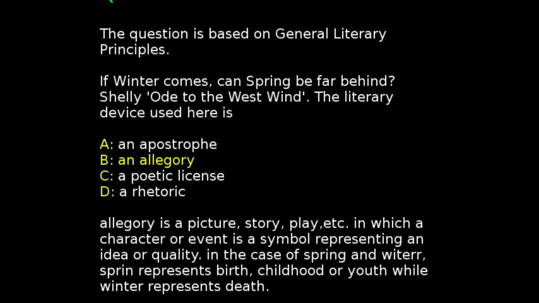This is because in calculating the seasons, spring usually comes before winter. Also in the cycle of life, birth, childhood, and youth come before death. So that is what this question is all about. The answer to this question is an allegory because the poet uses winter and spring to illustrate birth, childhood, and youth, and also death.